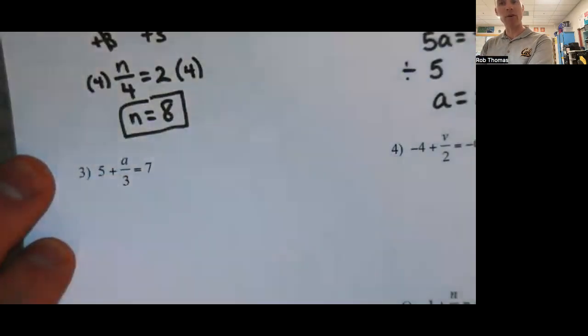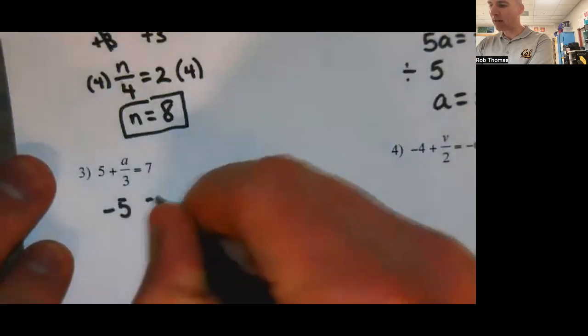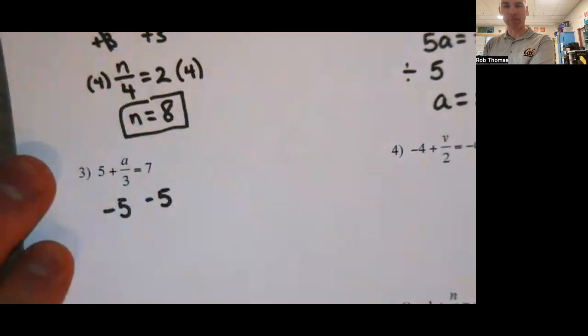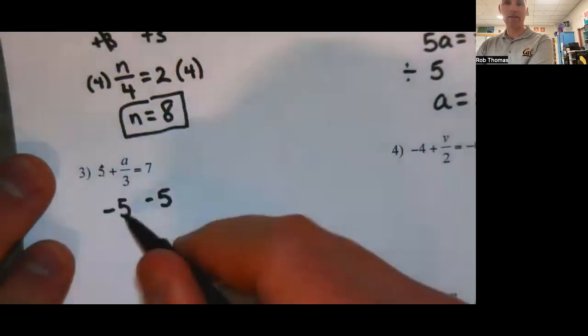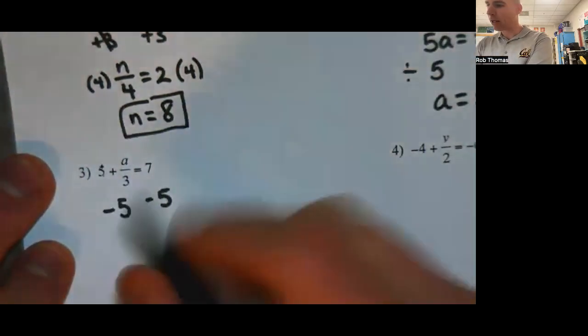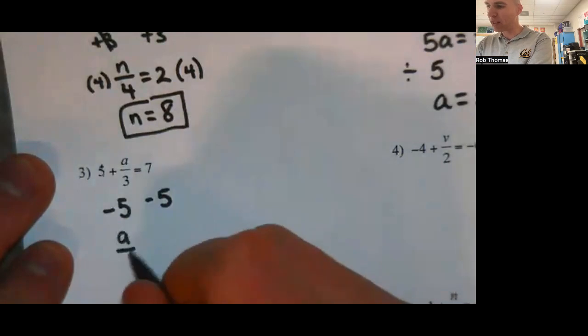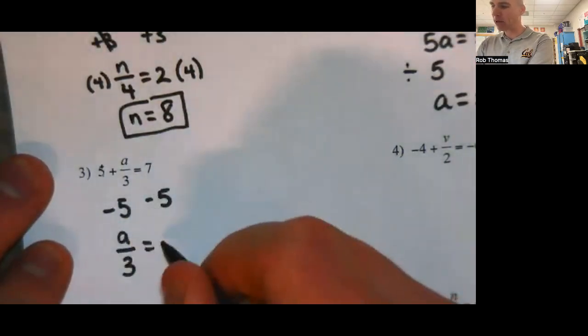So let's get rid of that first by subtracting 5 from both sides of the equation. So +5 and -5 cancel out and make a 0. Go away and leave us with just a divided by 3 equals 7 minus 5 equals 2.